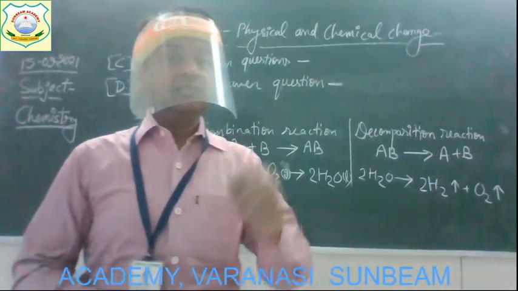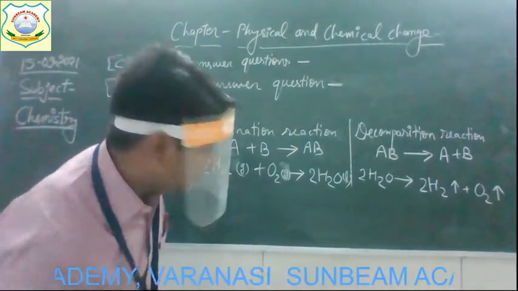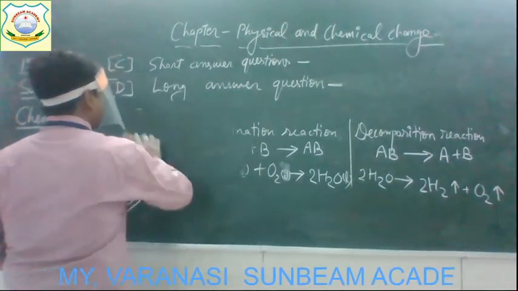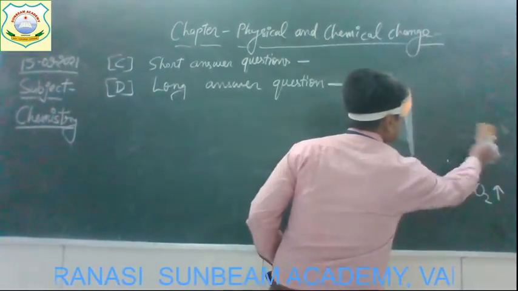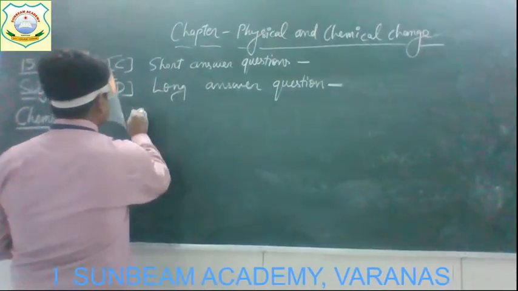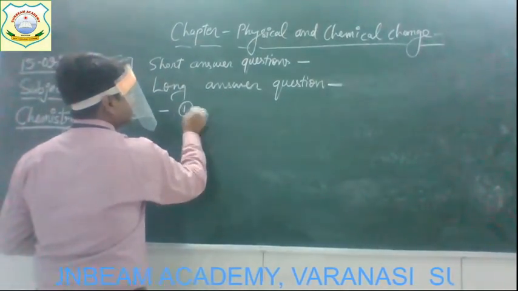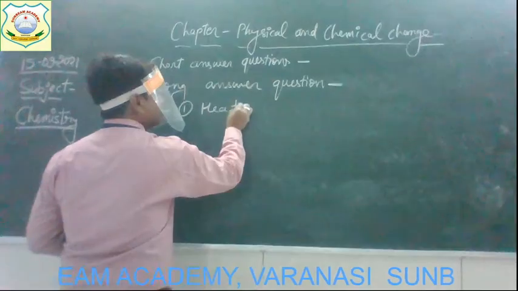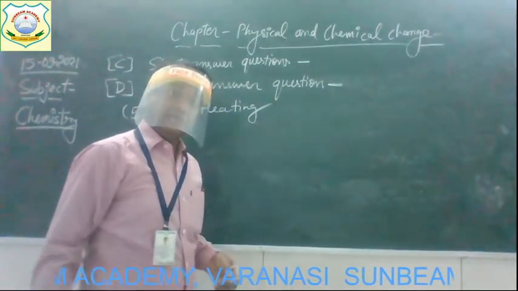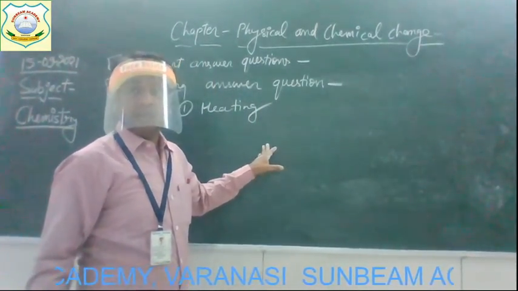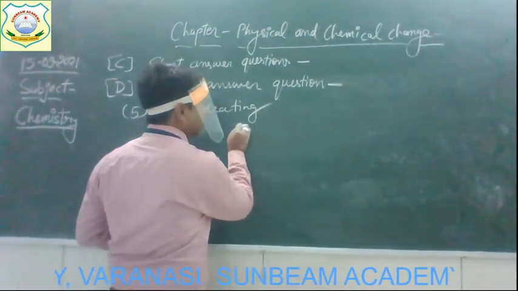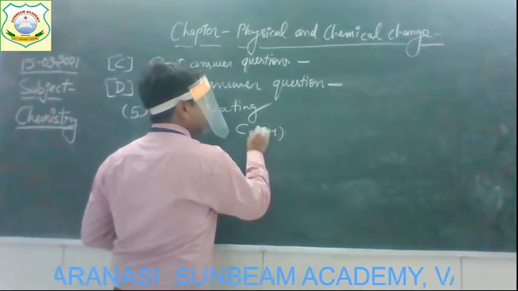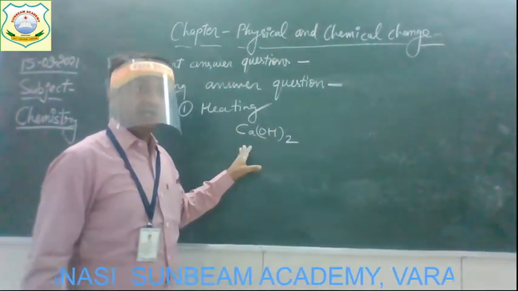So what will be the first condition for decomposition? How can a substance decompose? A substance can be decomposed by heating. So the first condition is heating. And the example for it is calcium hydroxide, Ca(OH)2.